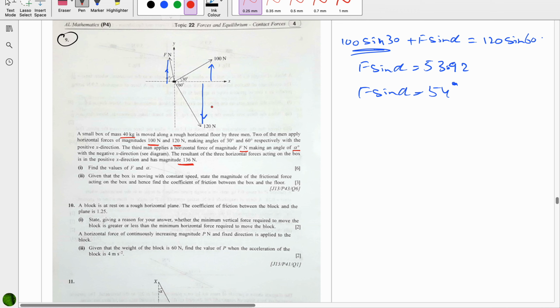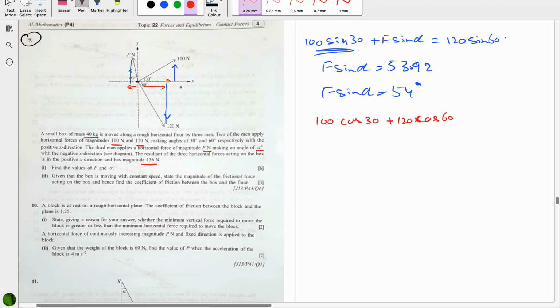For horizontal forces, horizontal force towards right is 100 cos of 30. Horizontal force towards right again is 120 cos of 60. And horizontal force due to this force F is towards left, so I'm subtracting it and writing F cos of alpha, and it is already given that it has a net force of 136, so I've just subtracted and added all of them and equated it with 136.